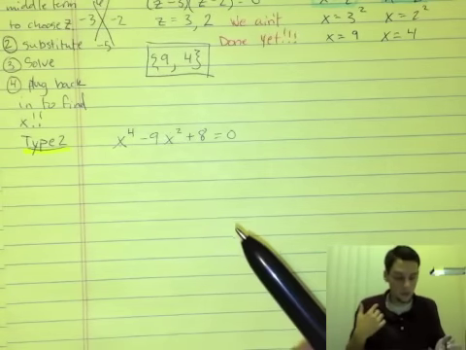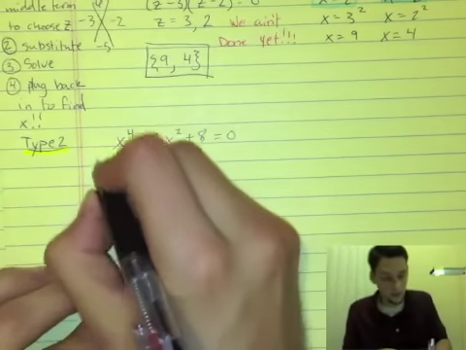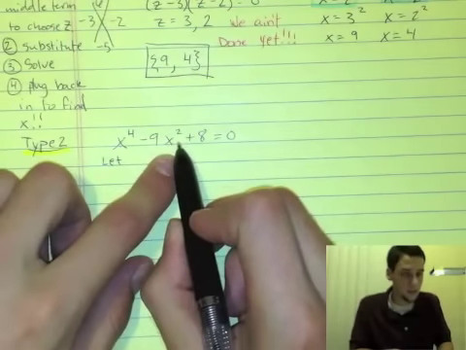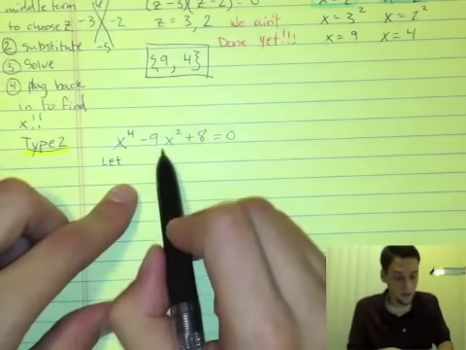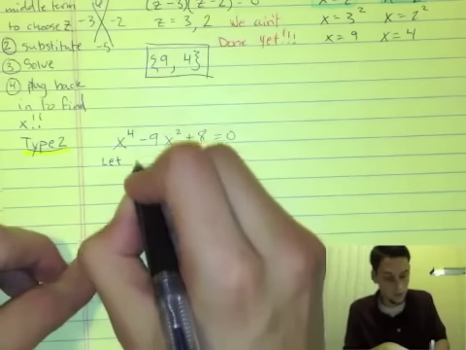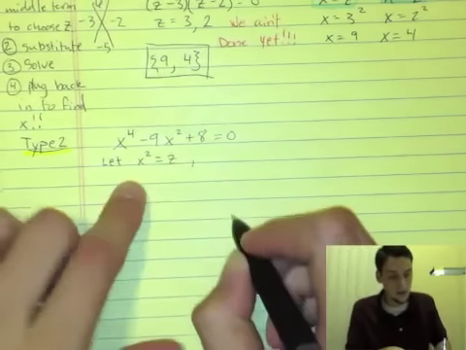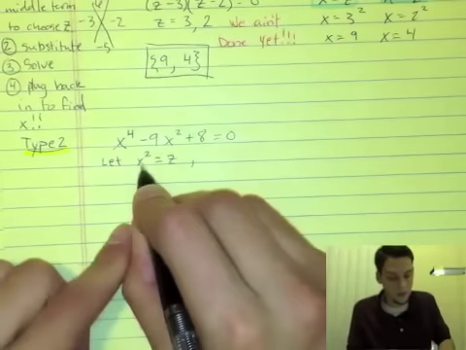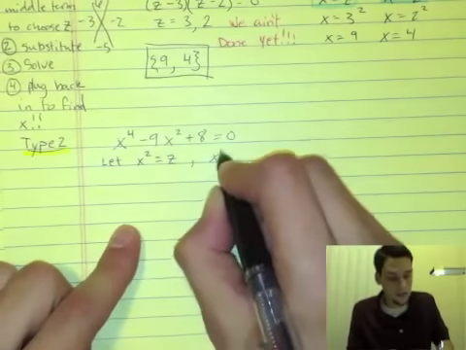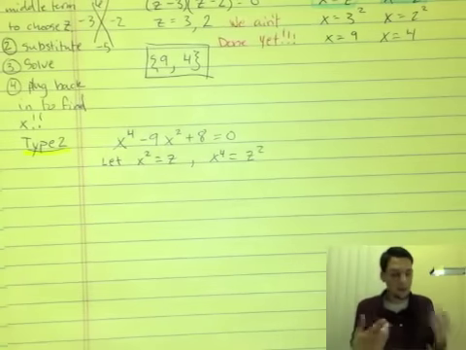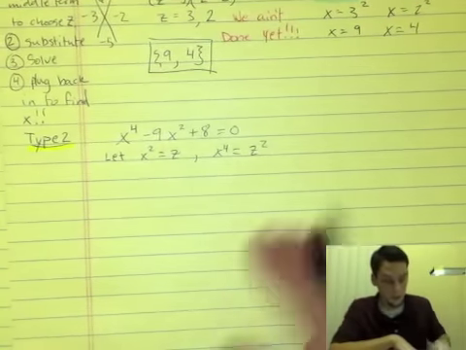And I look at the middle term to make my substitution. So instead of negative 9x squared, I just want this piece right here. So let x squared equal z. Then if we square both sides, x squared times x squared is x to the 4th. z times z is z squared. Same exact idea, we just squared both sides.